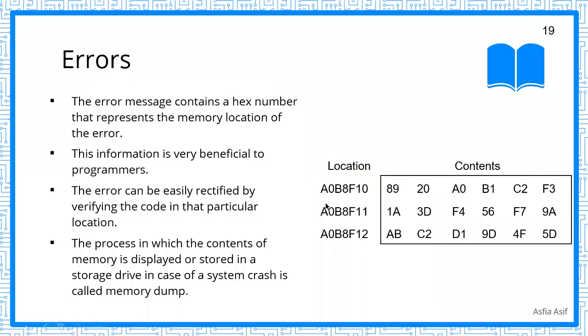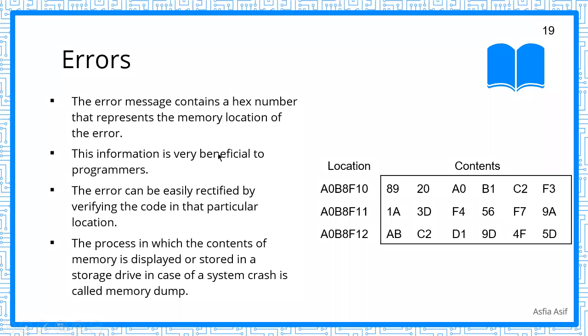Errors, it's something like this, like location of the memory and the contents of memory. It's just like a seat number and what's sitting on that seat. So the location is also represented in hexadecimal and the contents are also represented in hexadecimal. The error message contains a hex number that represents the memory location.